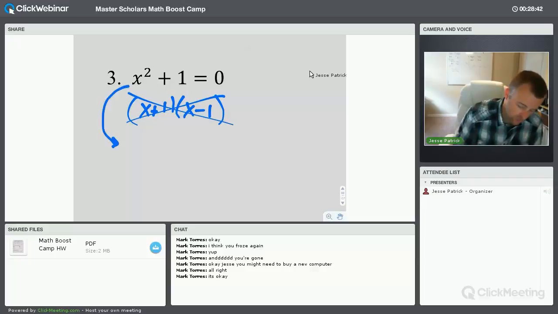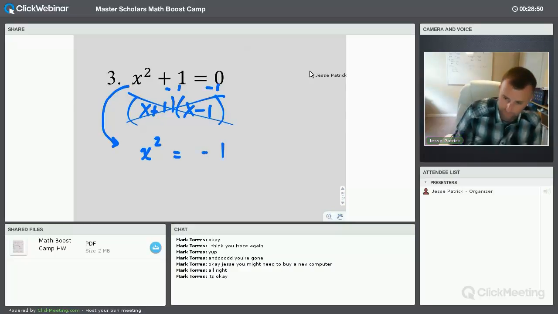So what you would have to do is try to solve it. In this case, I would subtract 1 from both sides. So I get x squared equals -1. And again, when you square root a negative number, you're not going to get anything real. Let's just go ahead and do it.